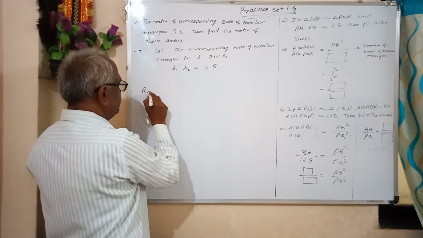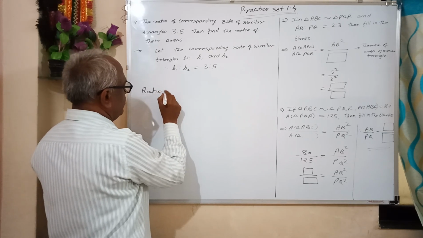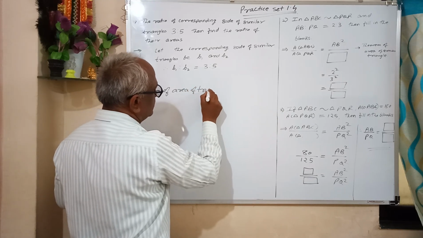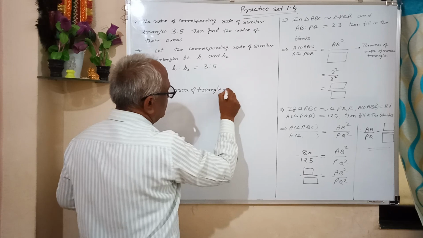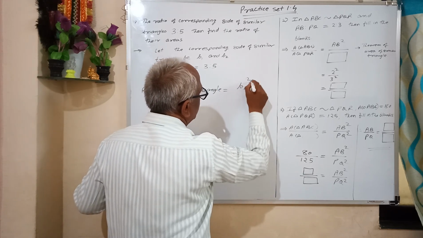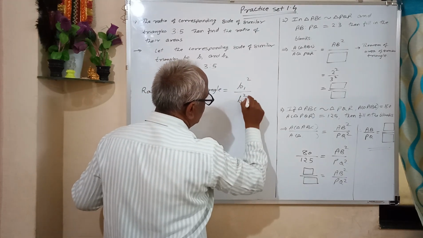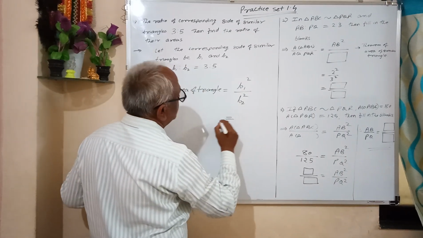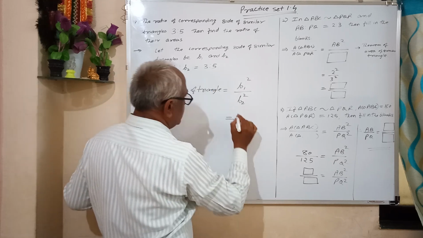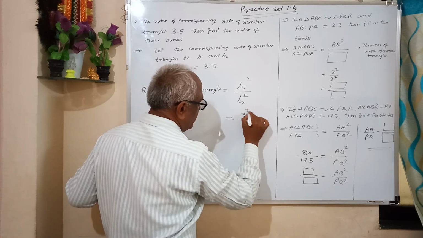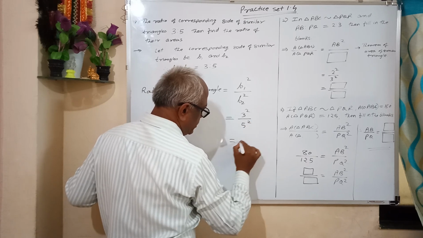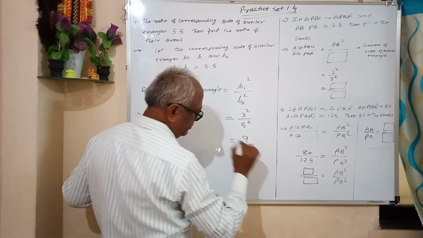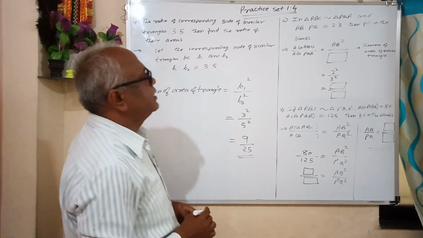Therefore, the ratio of areas of the triangles is equal to b1 square upon b2 square, which is 3 square upon 5 square. 3 square is 9, 5 square is 25. That is 9 upon 25 is the answer.